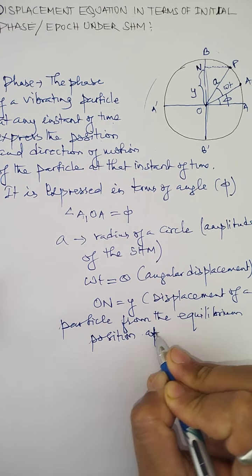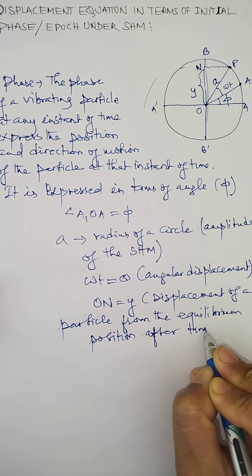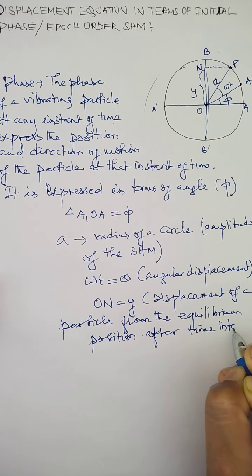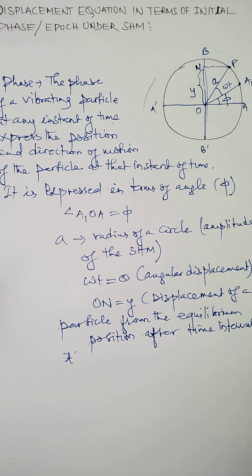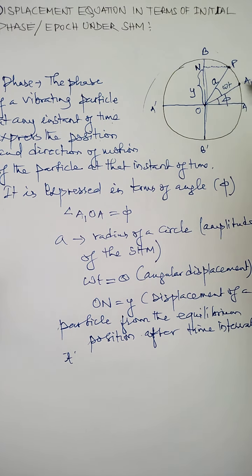After a time interval, let me write down, that time interval I write as T. Now this ON can be easily calculated using a right angle triangle.